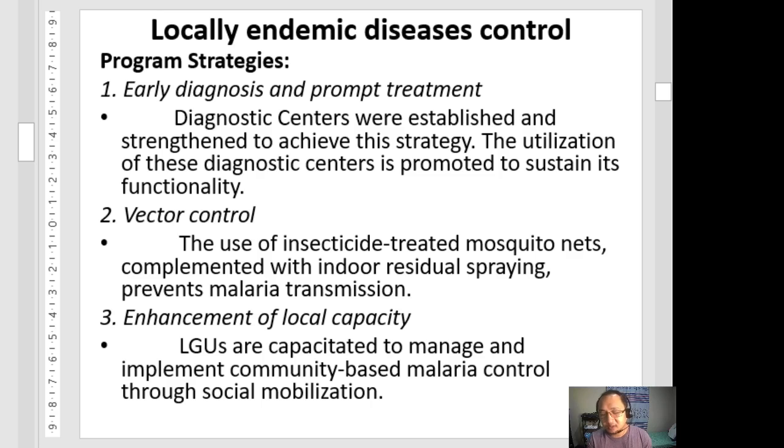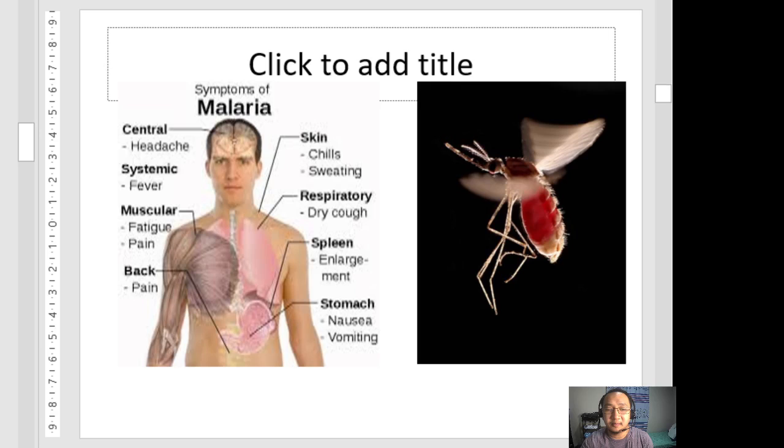Social mobilization and people empowerment is key, our partnership with people is a very important key to the success of this program, as also stated in our primary healthcare principles. So these are just some of the strategies that can be implemented.